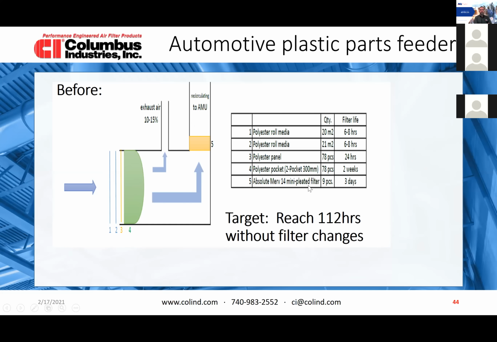So they were changing that every 3 days because fine particles were getting through, since it was not that efficient. The target was, they said, if you give us 112 hours of operation, we will go with you. We will not go with the water wash. They did their math, it's a weekly change, and that's the goal. So we went on.